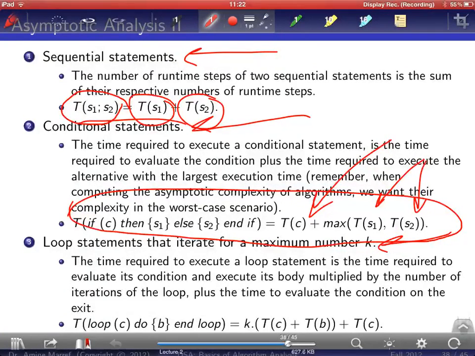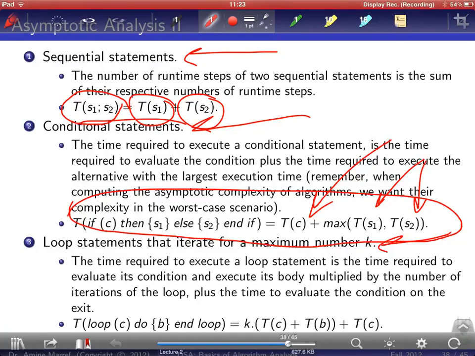So if we want to give another example, let's use a while. For example, while k is less than or equal to n, do x plus plus. And let's say k starts at 1.